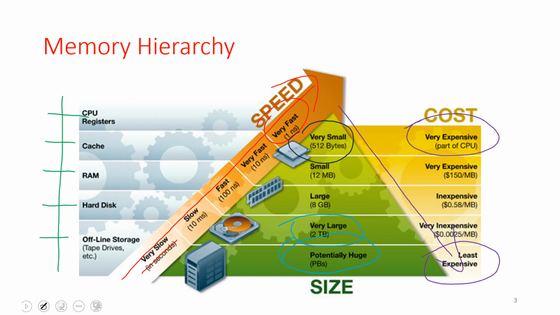So we may have only small quantities of them. Things like CPU registers and cache memories, we will only have small quantities of them. Whereas with hard disks or other offline storage mechanisms, we may have large quantities, say in the order of terabytes versus bytes or megabytes in the case of cache memories.